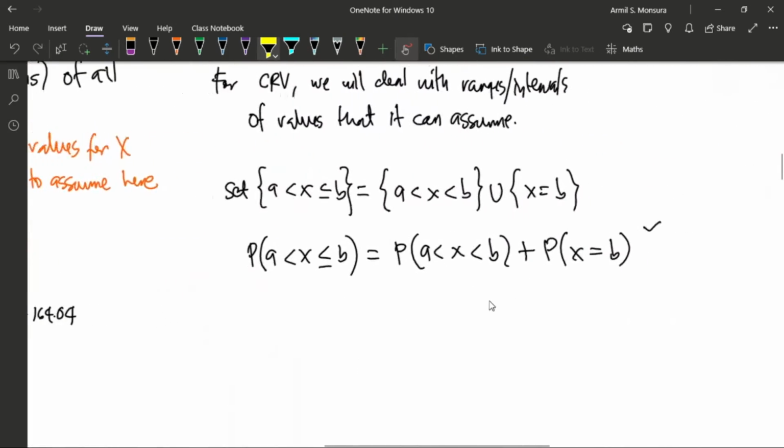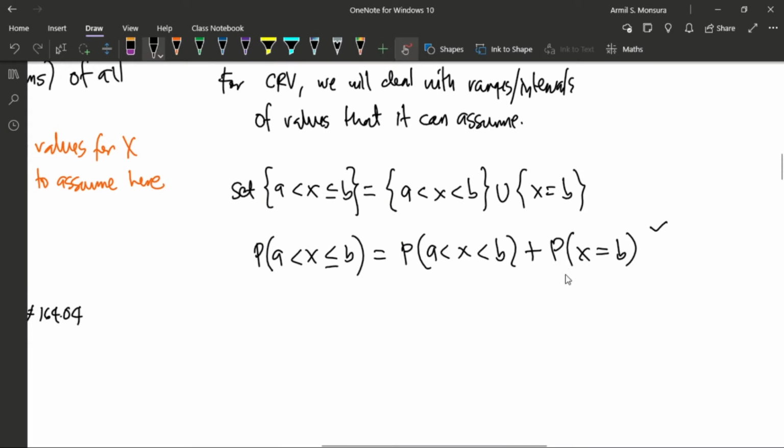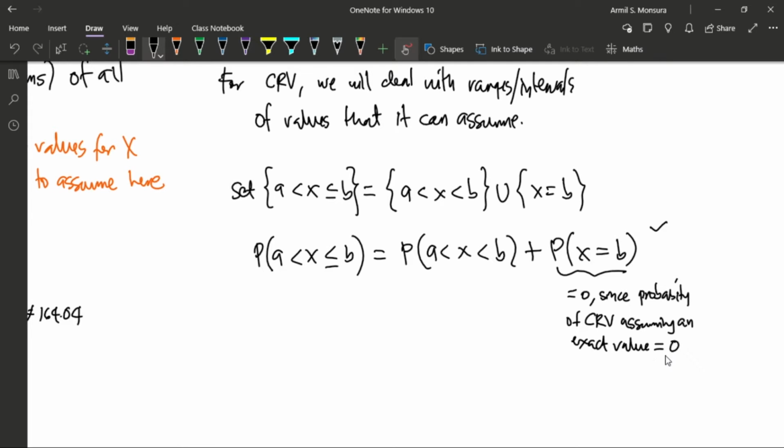This probability is equal to 0 since the probability of a continuous random variable assuming an exact value is equal to 0.